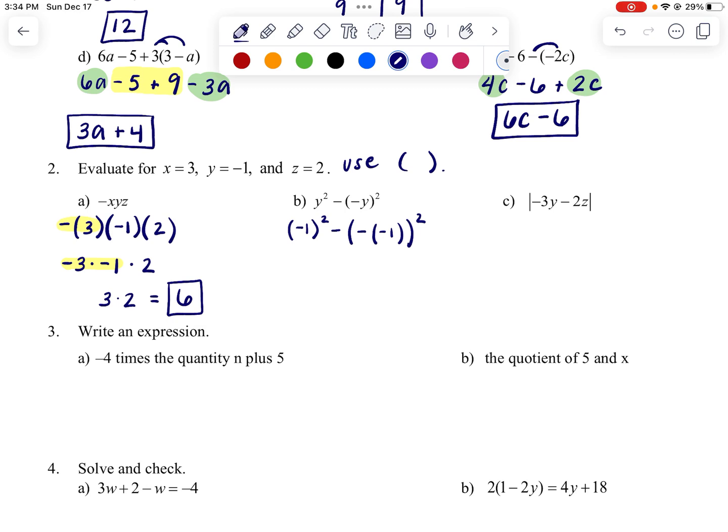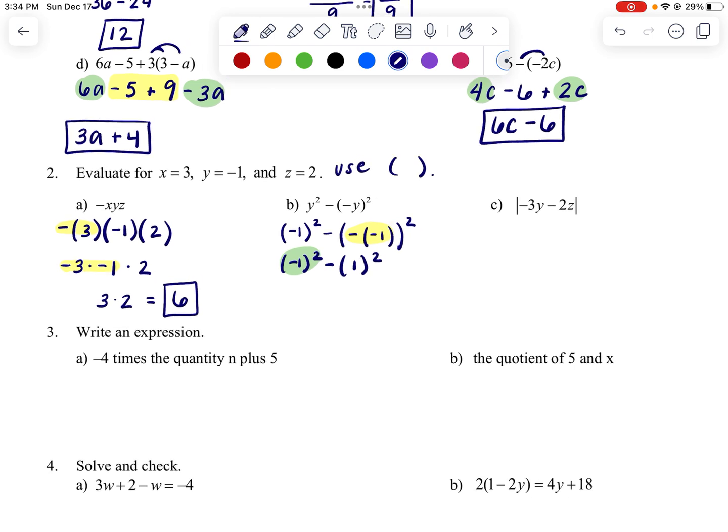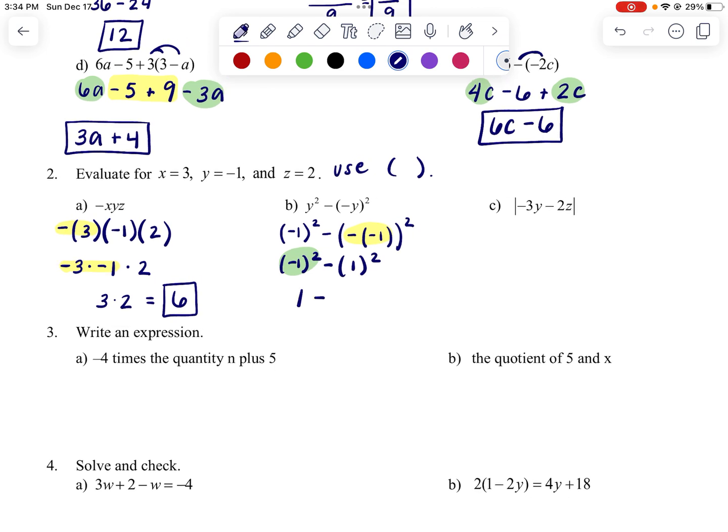We want to do your exponents first, and there's a couple things that I want to pay attention to. 2 negatives make it positive, so I'm just going to rewrite this. Negative 1 squared minus 1 squared. Then I can come in here. A negative 1 squared is negative 1 times negative 1, so that's 1. 1 squared is 1, and 1 minus 1 is 0.